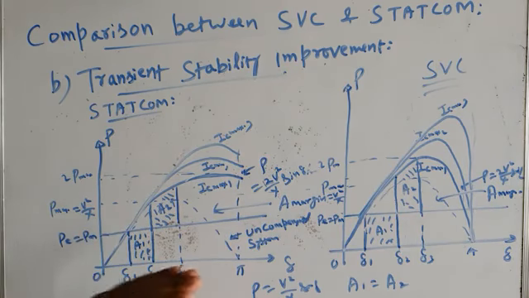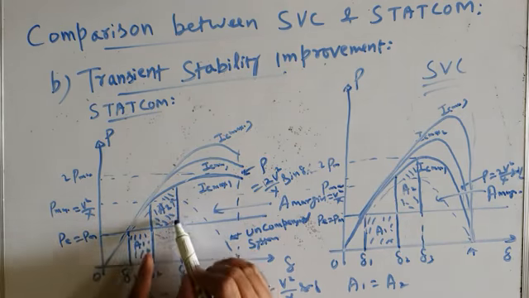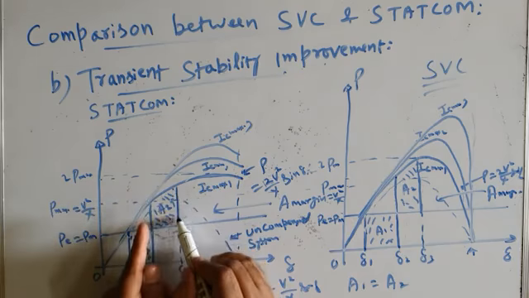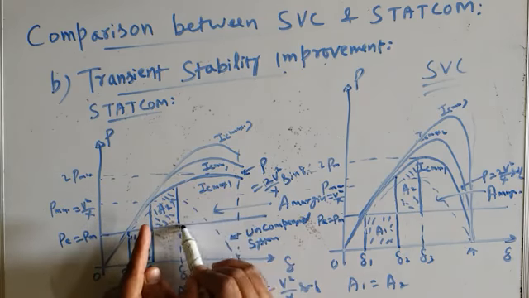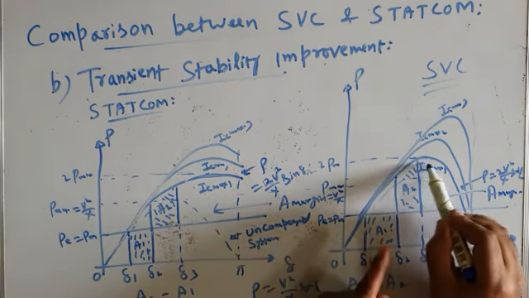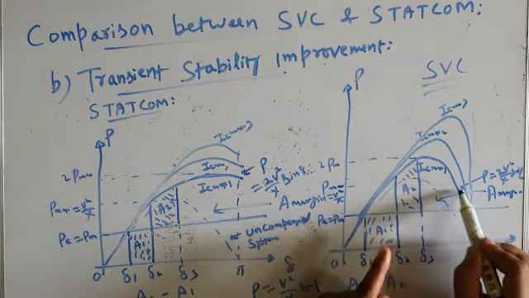But you can very clearly see that the margin of stability is more, so you can say this area represents the margin of stability. It is more than the margin of stability provided by SVC. The margin of stability provided by STATCOM is more than the margin of stability provided by SVC.